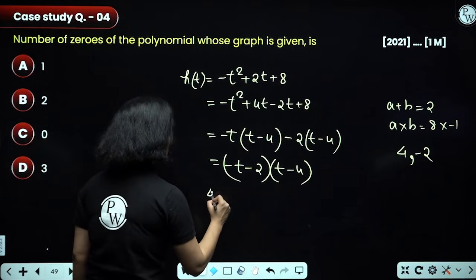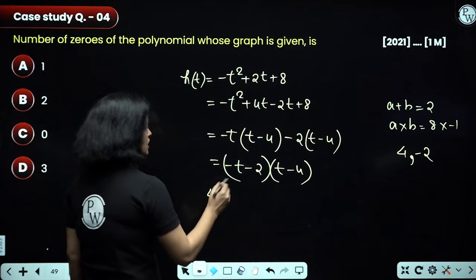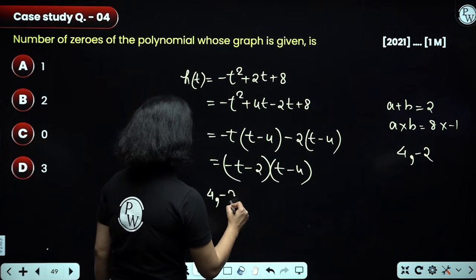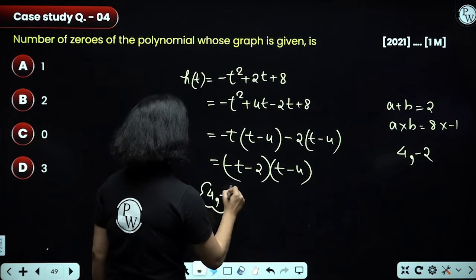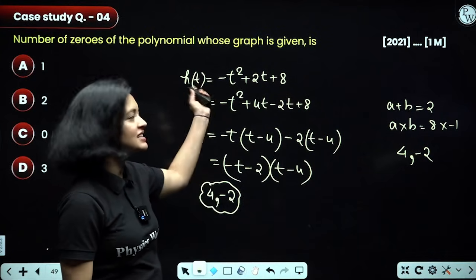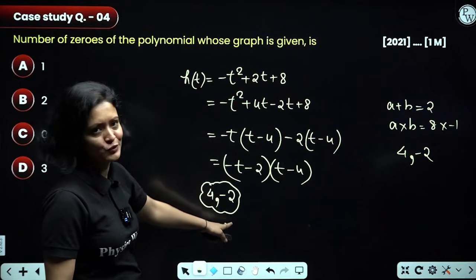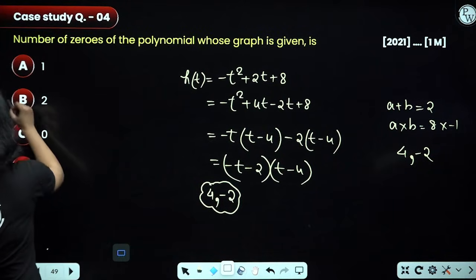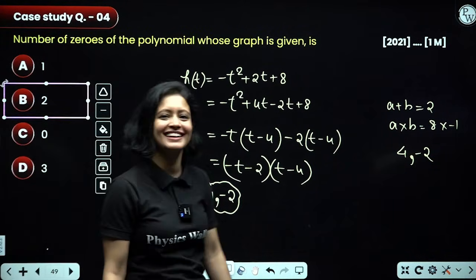The zeros would come out to be t equals to 4, and t equals to minus 2. So how many zeros does this polynomial have? Exactly 2 zeros, 4 comma negative 2. So what's the correct answer, everyone? The correct answer is option number B, that is 2.